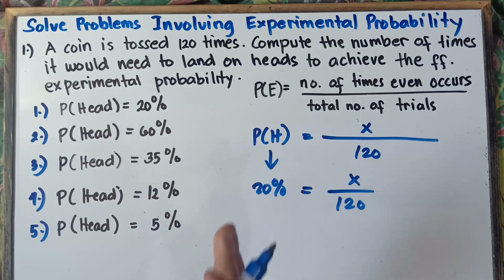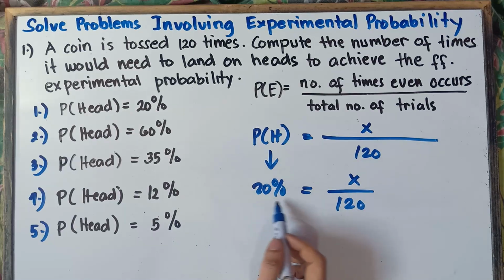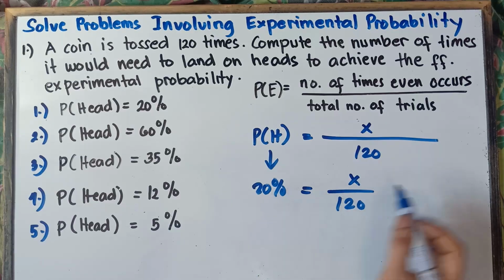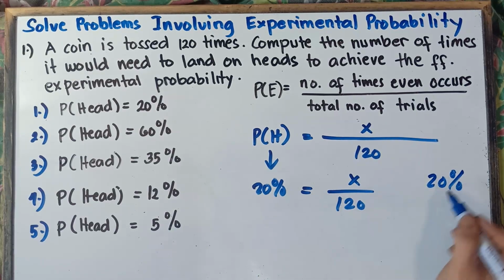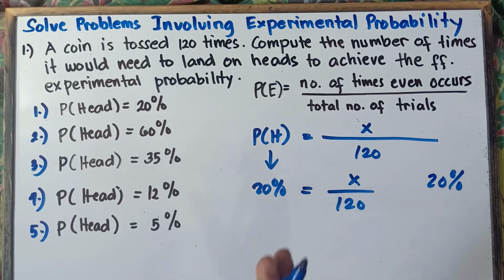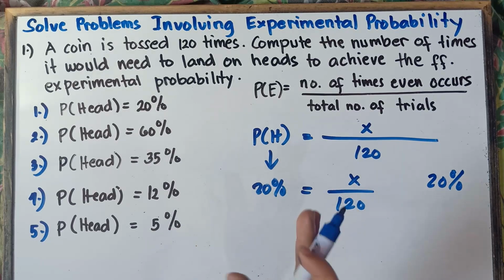Now you have two solutions, class, to answer this one. First solution: you can convert this percent into a decimal, and afterwards do cross multiplication. To convert 20% into a decimal, simply move the decimal point from right to left twice.